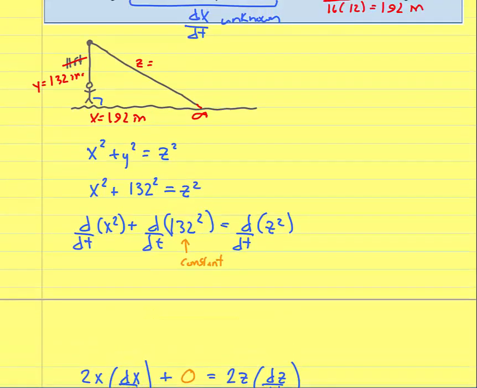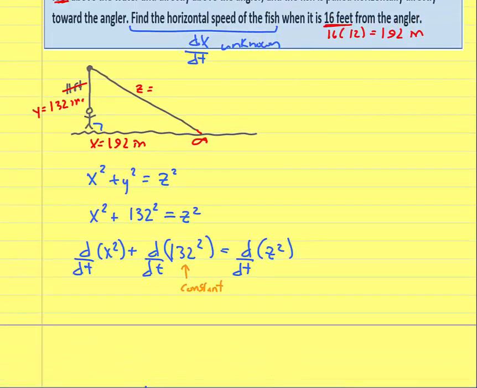Now how do I figure out that z? Well, it looks like I have a nice little Pythagorean theorem set up here. So I have 132 squared plus 192 squared equals z squared. So if I'm trying to figure out what z is, I'd end up with z squared equal to 54,288.